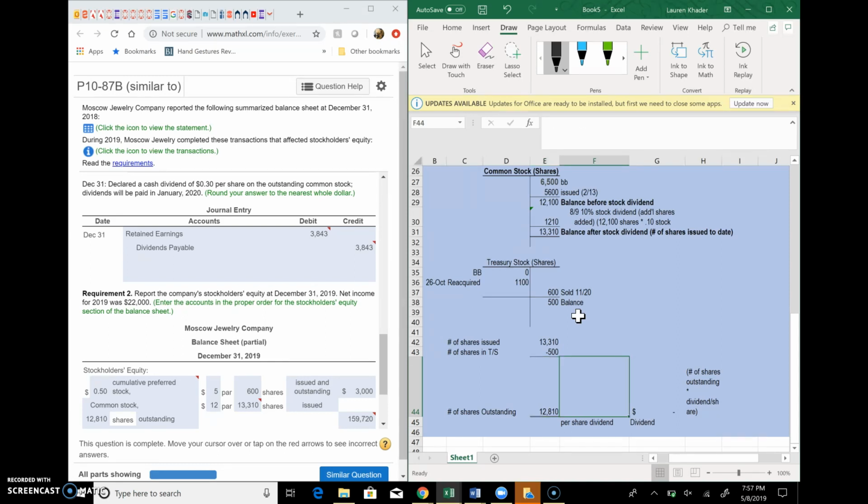To figure out the value of your dividend, we're going to plug in, for this example, it was 30 cents per share. So 30 cents per share times 12,810 shares outstanding gives you a dividend of 3,843.